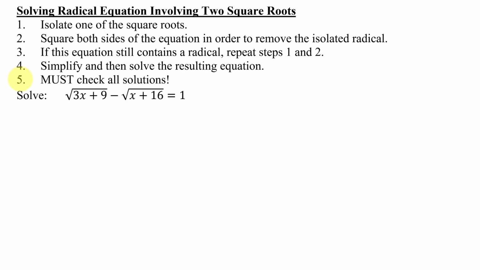Step 1 says isolate one of the square roots. It doesn't matter which one. So I'm going to isolate the more complicated one, the square root of 3x plus 9, and I'm going to do that by adding the square root of x plus 16 to both sides of this equation.